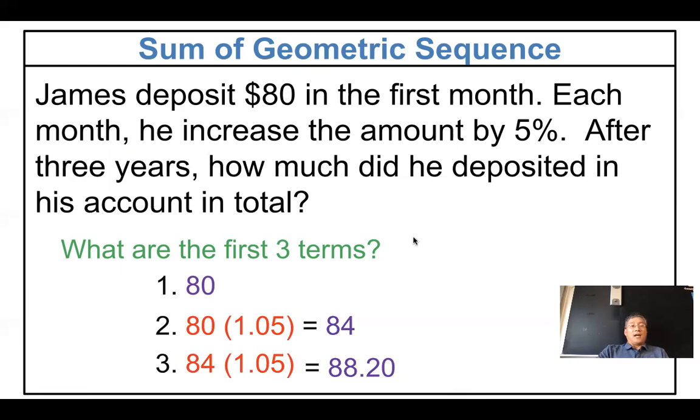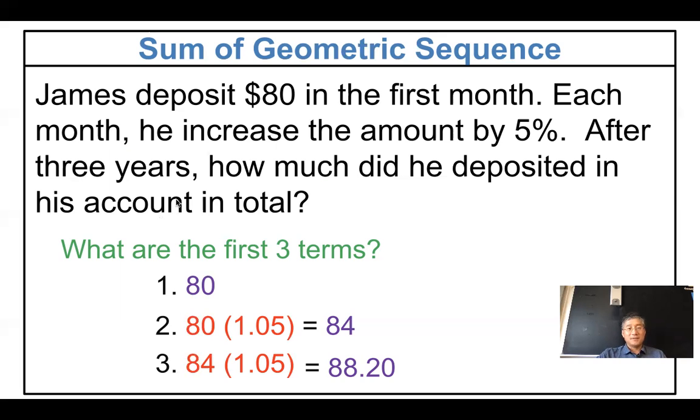After 3 years, do we add all these three terms? Is that the way we get the answer? I think some of you might do it that way, but you should be careful. This goes by month, but this is years. 3 years. So how many months are in 3 years? You should think about that, right?